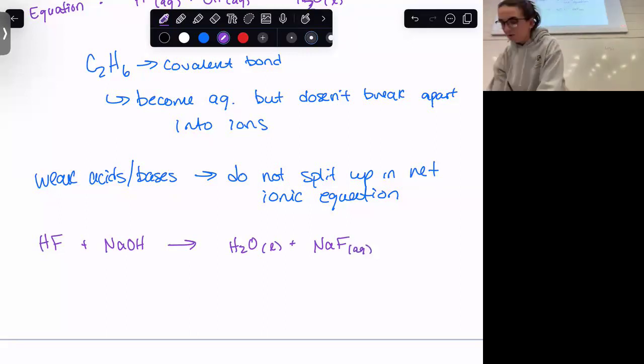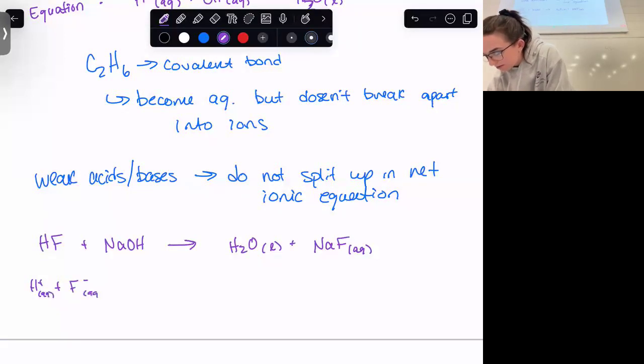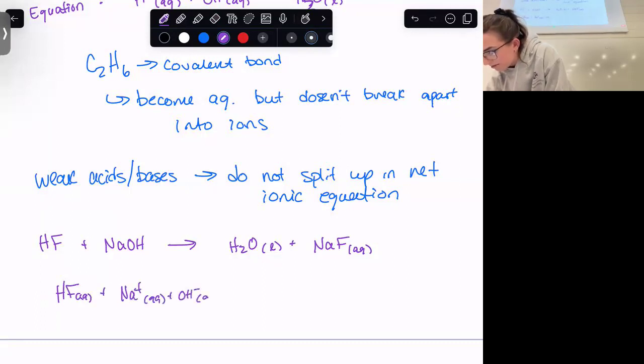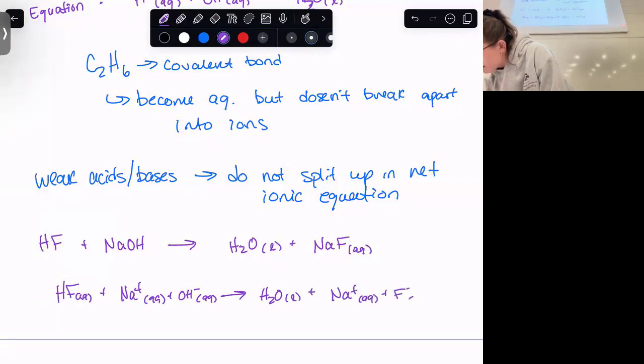But in this case, we don't break apart weak acids. So we get HF aqueous, Na plus aqueous and OH minus aqueous. We get H2O liquid, Na plus aqueous and F minus aqueous.